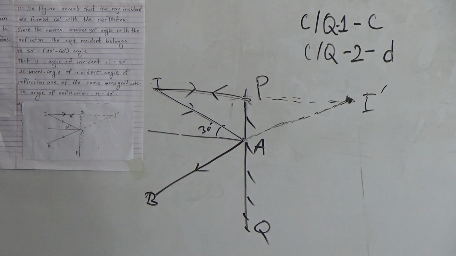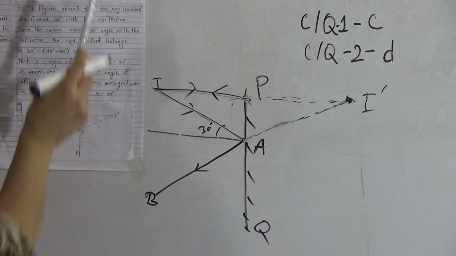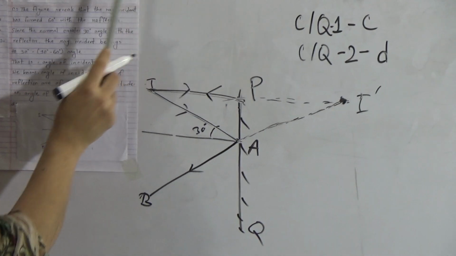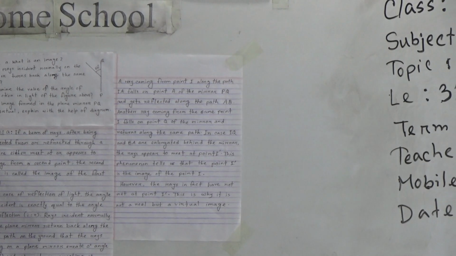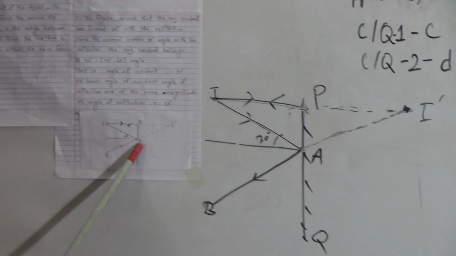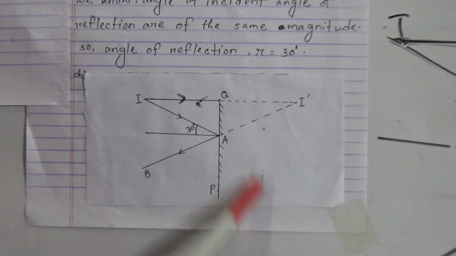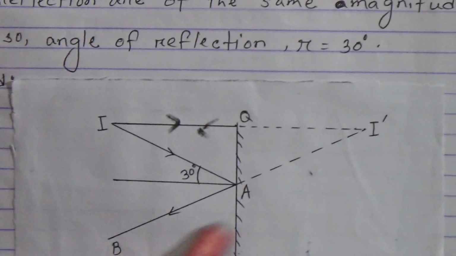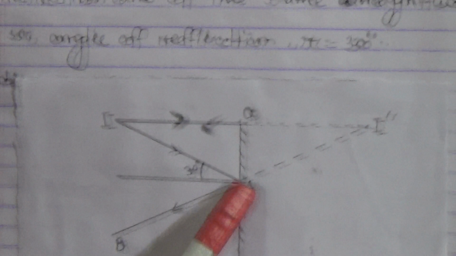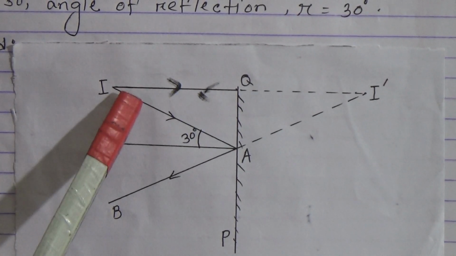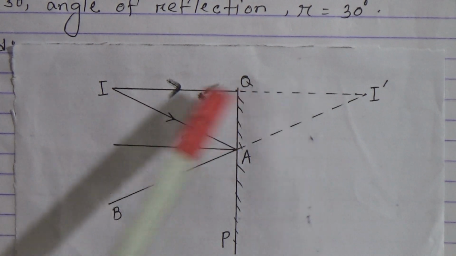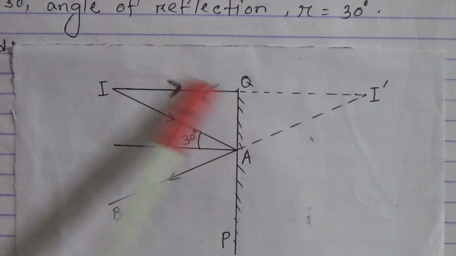So my dear students, see, now we will describe this figure. A ray coming from point I along the path IA falls on the point A on the mirror PQ and gets reflected along the path AB. Another ray coming from the same point I falls on the mirror and returns along the same path.